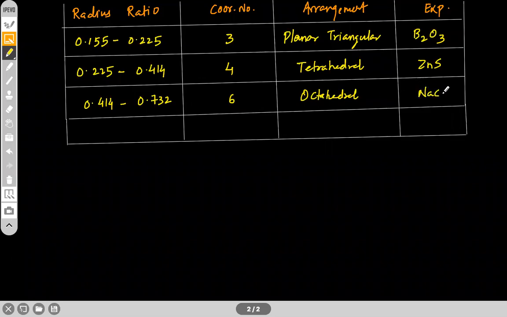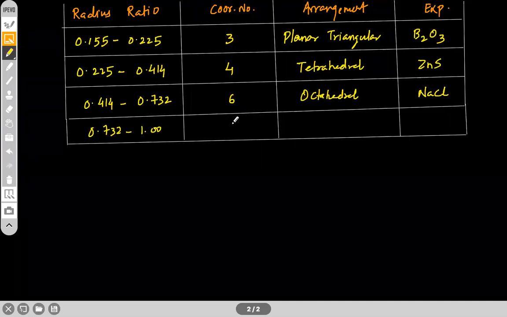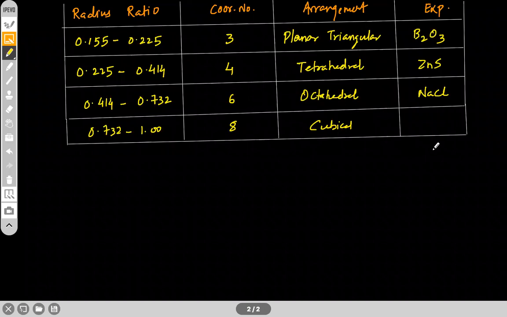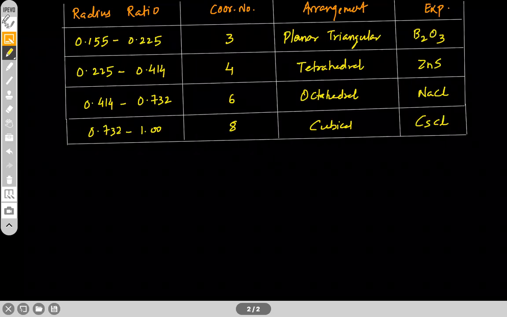Example, NaCl. For 0.732 to 1, it is 8 and it is cubic arrangement, body centered, CsCl. Okay, this arrangement is what?